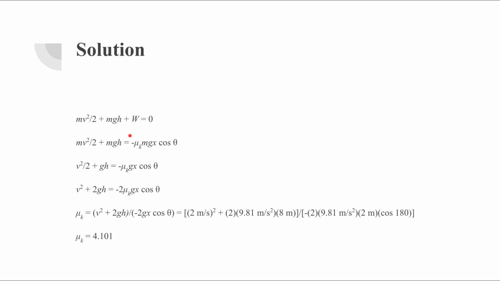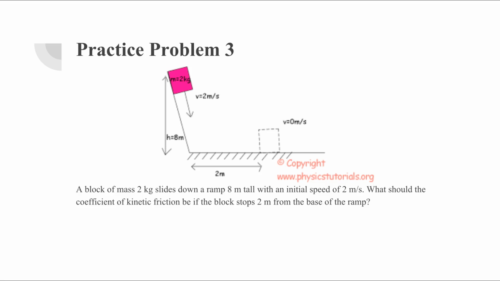So we're going to do mv squared over 2 plus mgh equals this expression, negative mu k mgx cosine theta. Cosine theta is from the formula. X is the distance. Mu k mg, because Fn is from the formula.